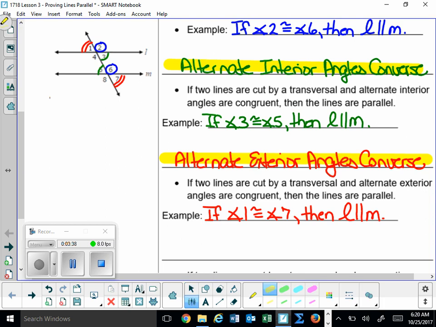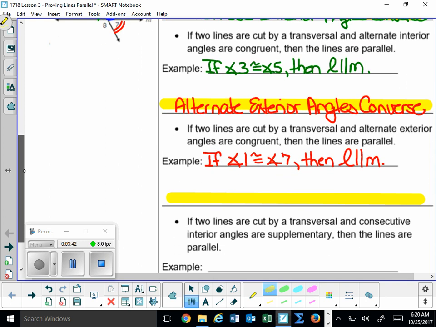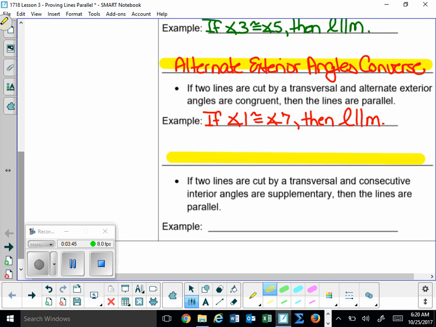And we have one more. If two lines are cut by a transversal and consecutive interior angles are supplementary. So the consecutive interior angles converse.